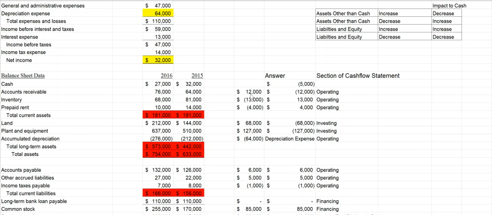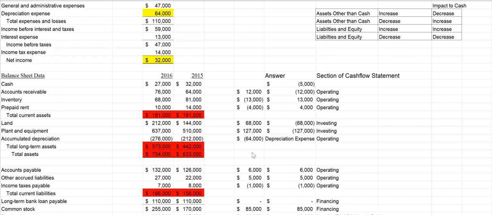So I have a $12,000 increase from 15 to 16. Note my inventory went down. I had 81,000 in inventory in 2015, 68,000 in 2016. So in essence, you're going to take the 2016 number and subtract from that the 2015 number and get all of your differences. So that's step number one.